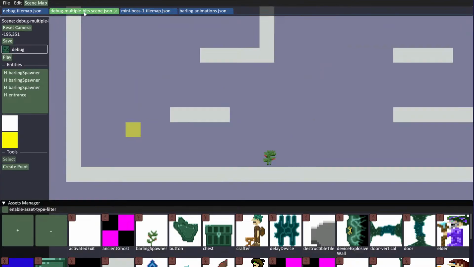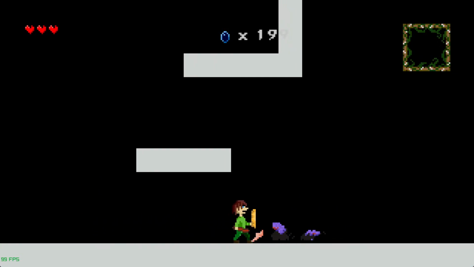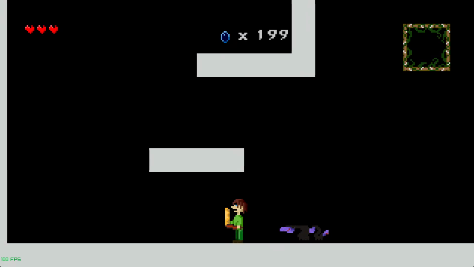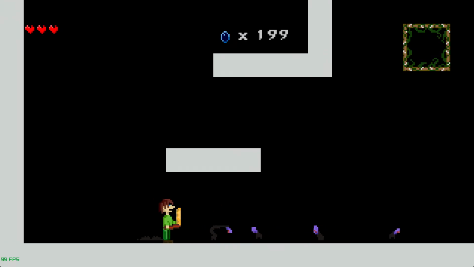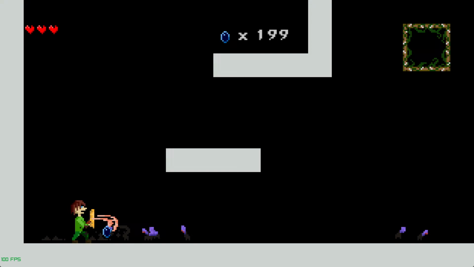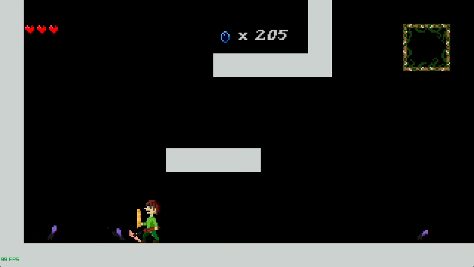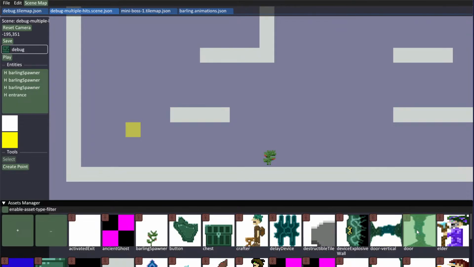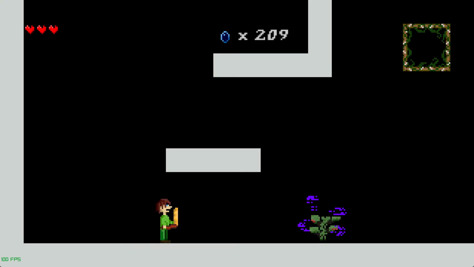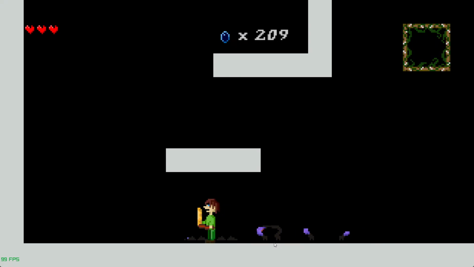All right, so let's try this here. Yeah, so now they take their time to get back up. And I seem to be able to kill them now. Okay, cool. It looks a little bit misaligned with the animation though. Yeah, they are a little bit above ground.